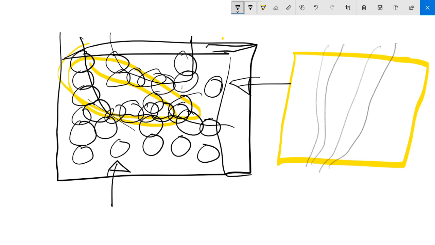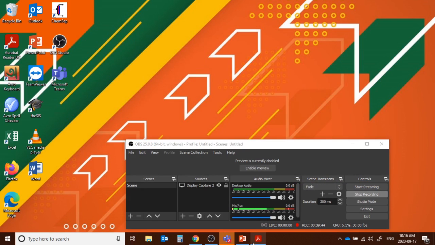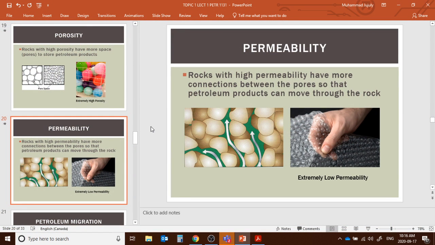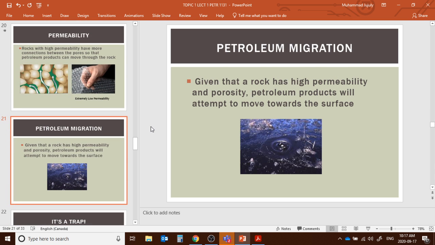You can see there are no pores in here, but they are permeable. Water can move through. Excuse my drawing, it's not that good, but this is permeable. So these types of permeability can also happen. Now these are examples of permeability and porosity. I believe you all can understand what porosity and permeability are, which is very, very important.